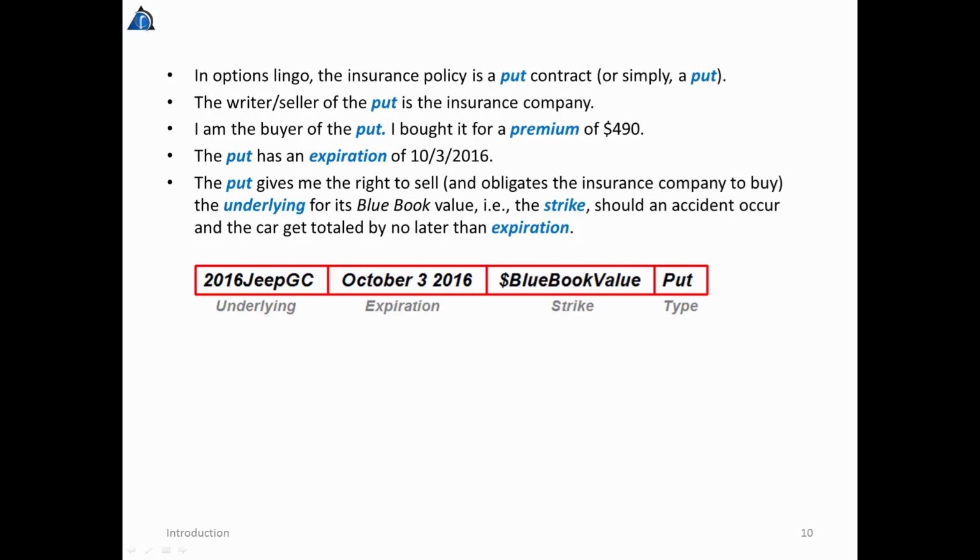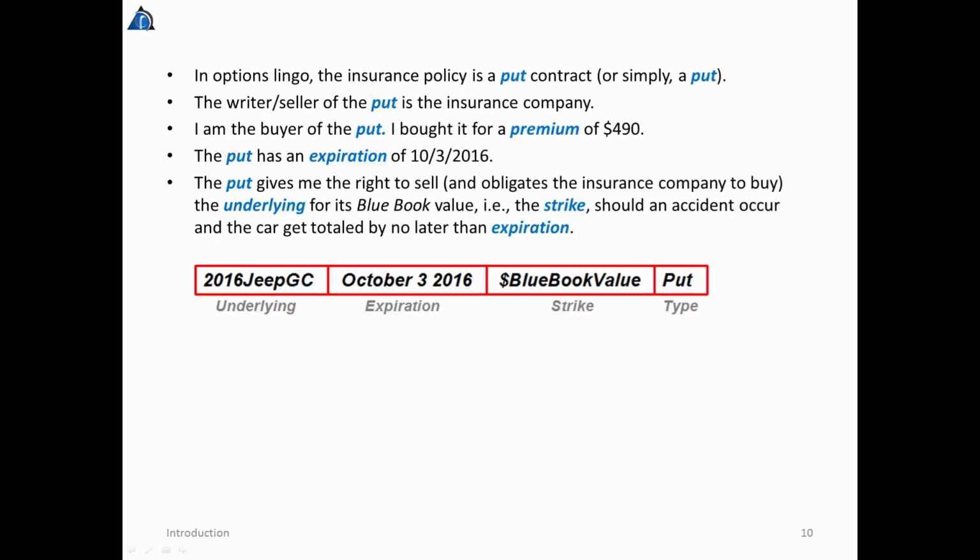The writer and seller of the put is obviously the insurance company. I am the buyer of the put. I bought it for a premium of $490. And this put will remain valid and in effect until the expiration date of October 3rd, 2016.